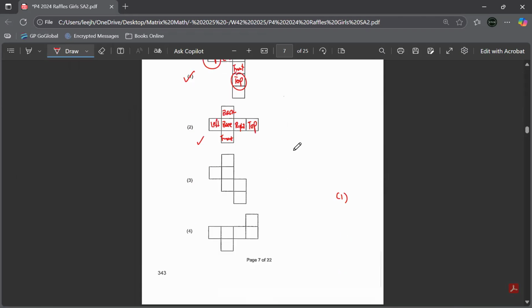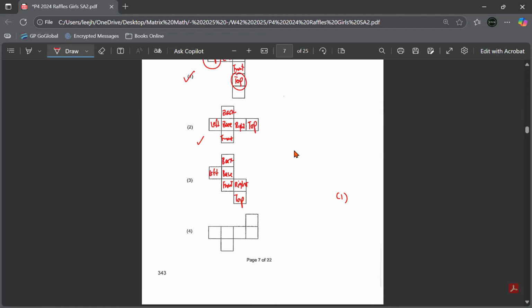Next one, what about this? Let's take this as the base. So this will be the left. This is the back. This is the front. And then if this flips up, this will be the right. And this will be the top. Okay, you flip up.